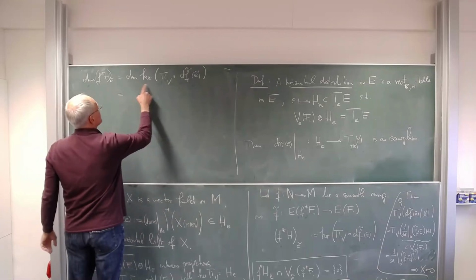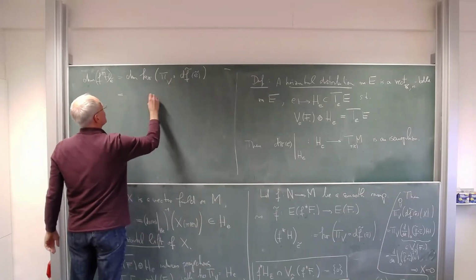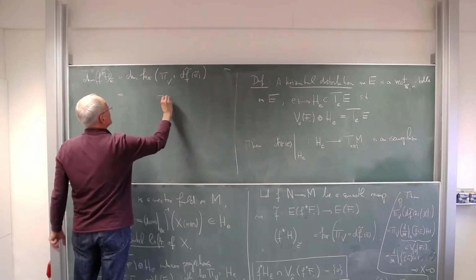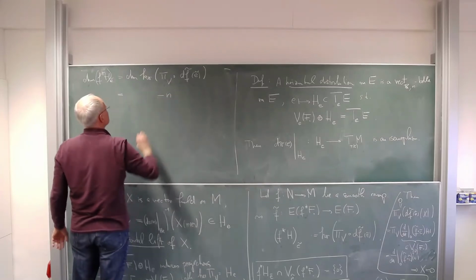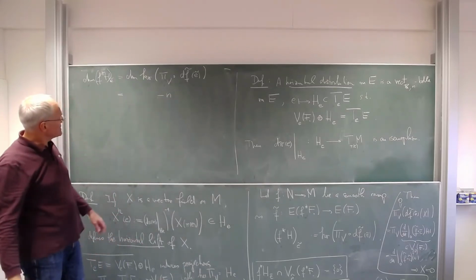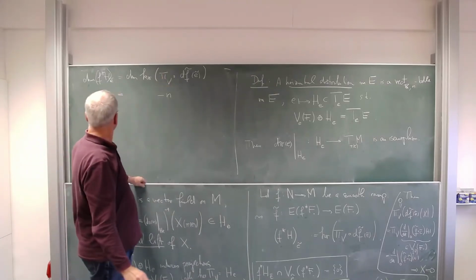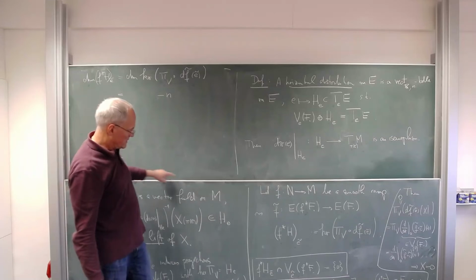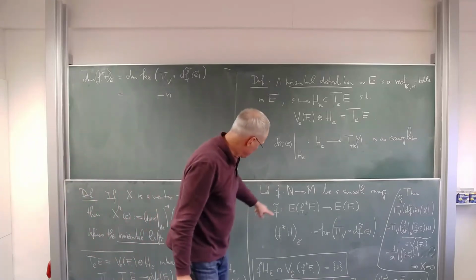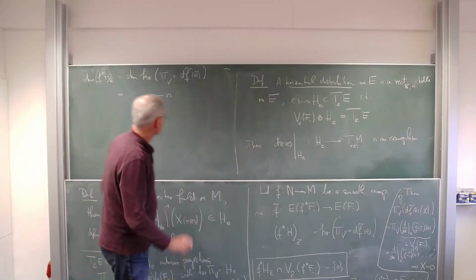So the rank of this is the dimension of the base manifold, which is n, and the total space on which this is defined is the total space of the pullback bundle.